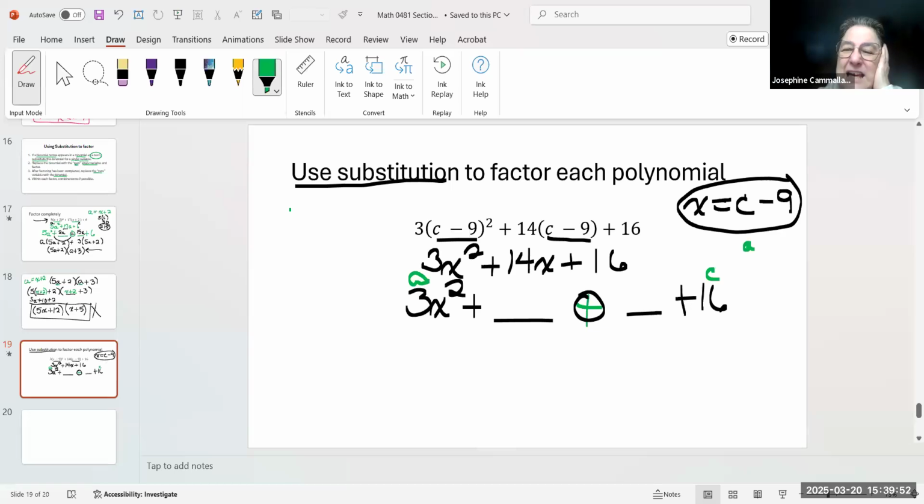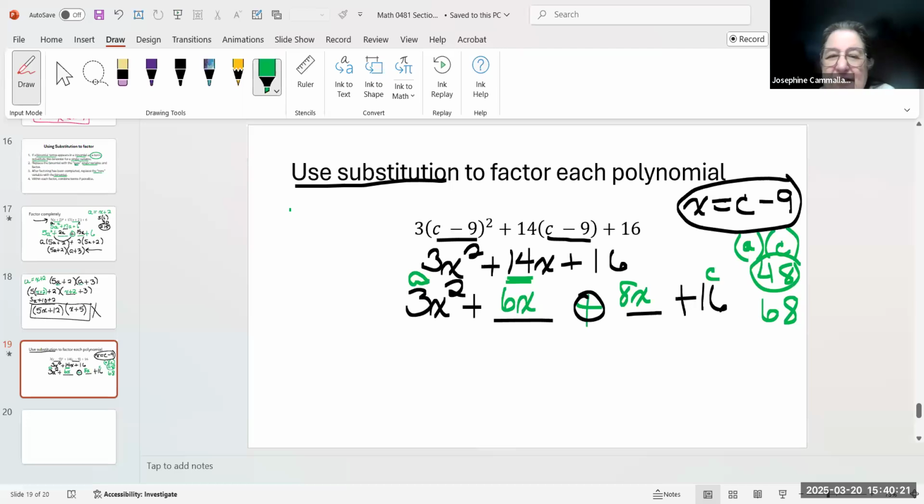Well, A times C is 48. I need 14. Well, hopefully you know 6 times 8 gives me 48, but it also adds to 14.